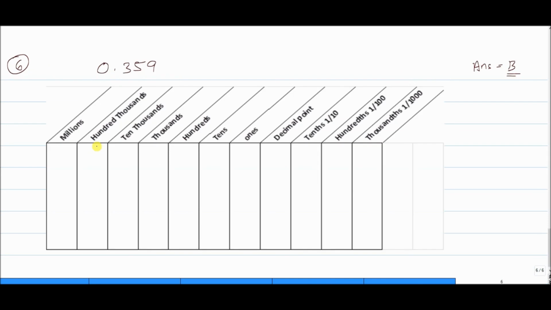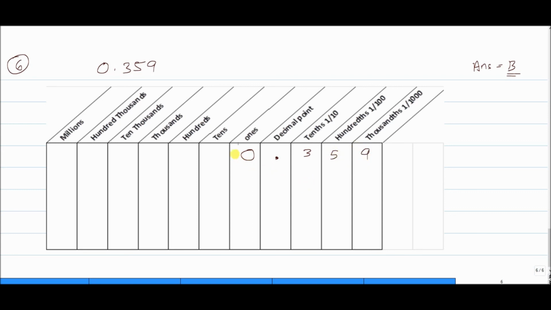Number 6. What is the place value of 5 in 0.359? Okay, so let's put our number here in our place value grid so we can better appreciate it. We have 0 for our ones, our decimal goes here. We have 3 tenths, 5 hundredths, and 9 thousandths.